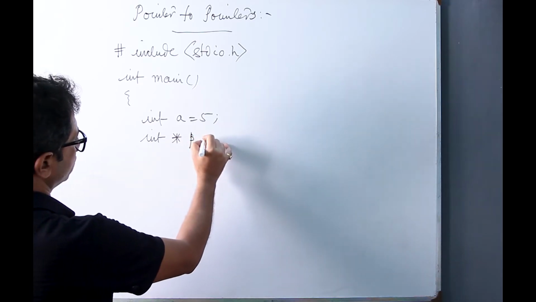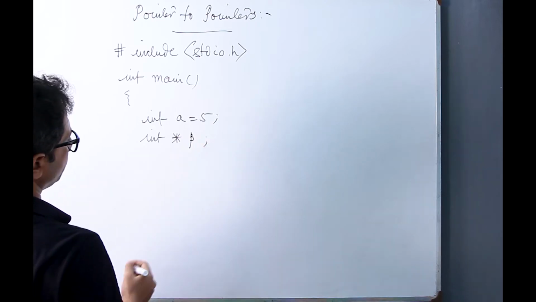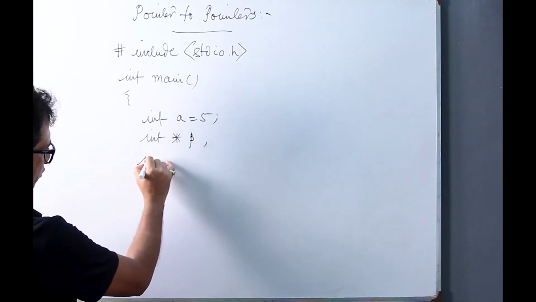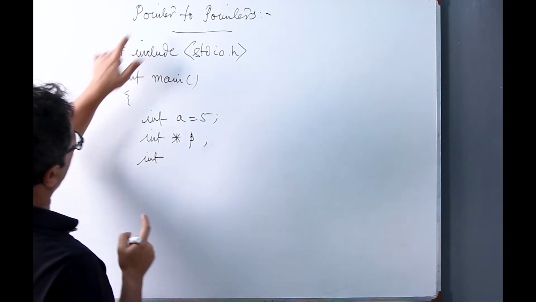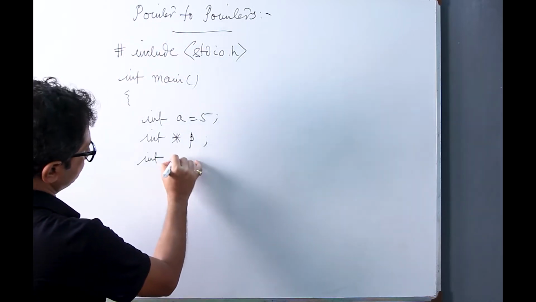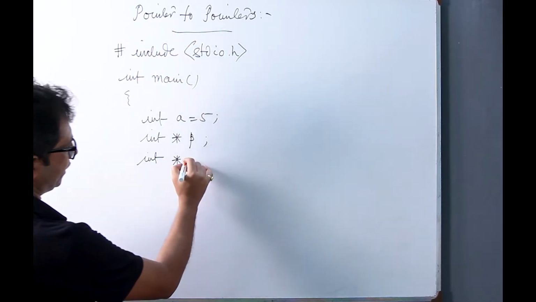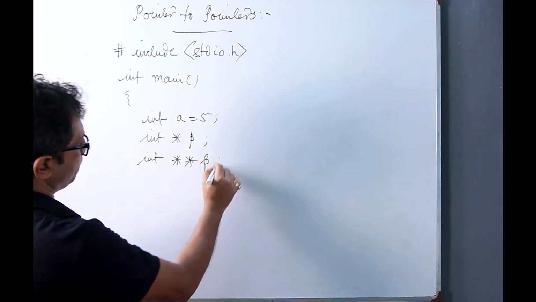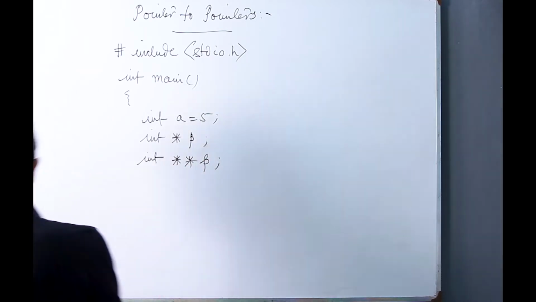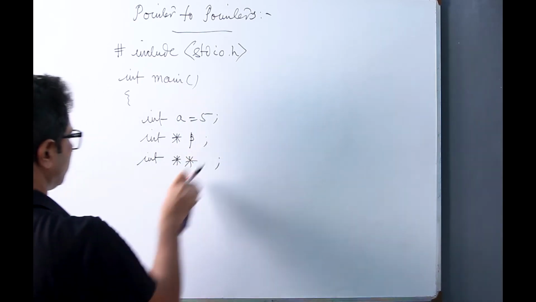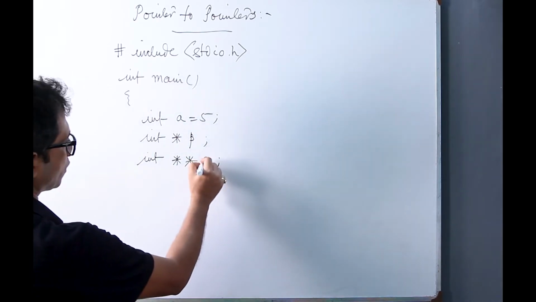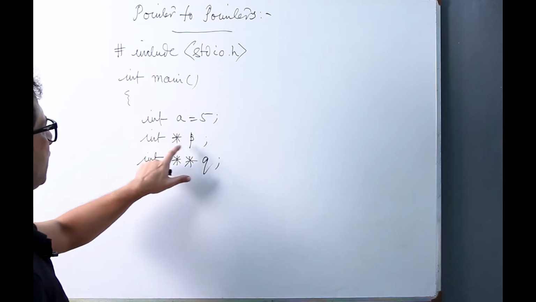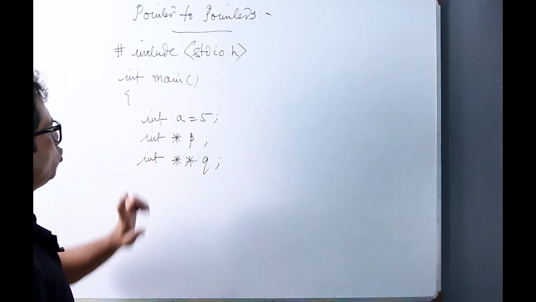So this is one pointer variable, and I will take another pointer variable which is nothing but a pointer to a pointer, which is declared in this manner, int **p. Sorry, it will not be p, but any other name: int **q.